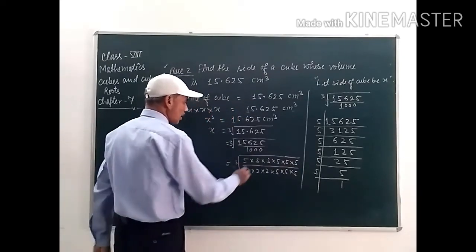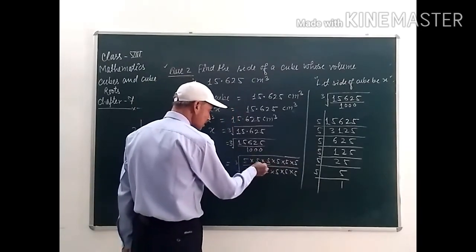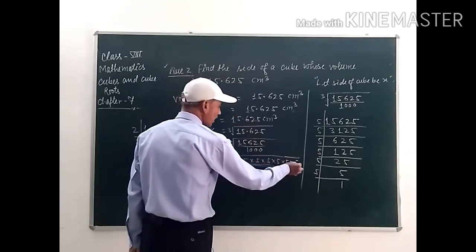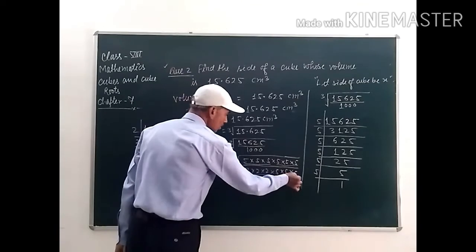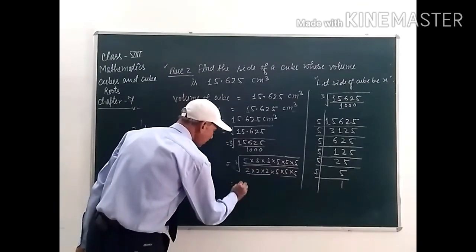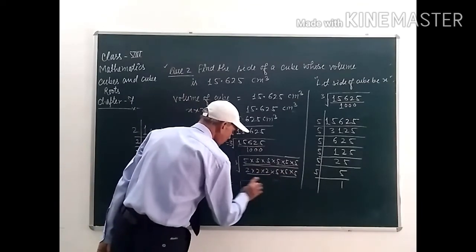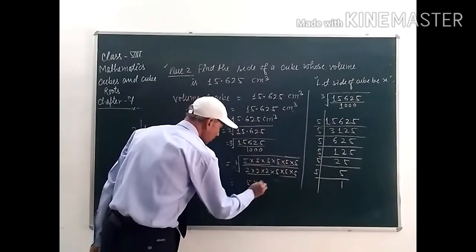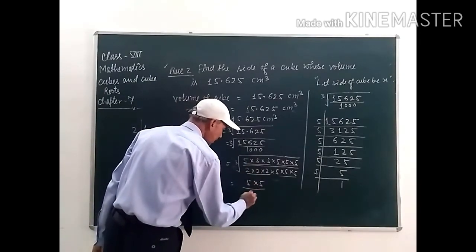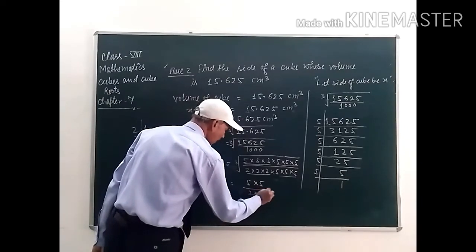So out of each group you have to take one number. So in the numerator 5 into 5, and in the denominator 2 into 5.